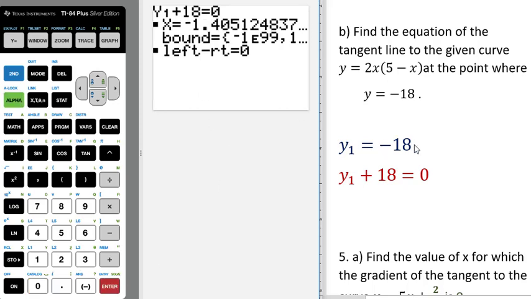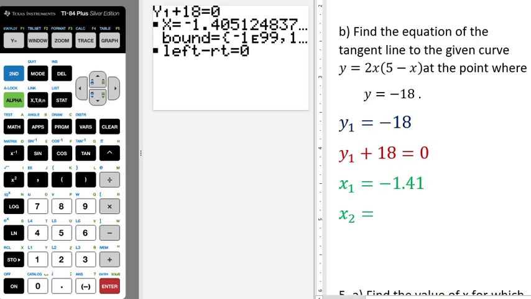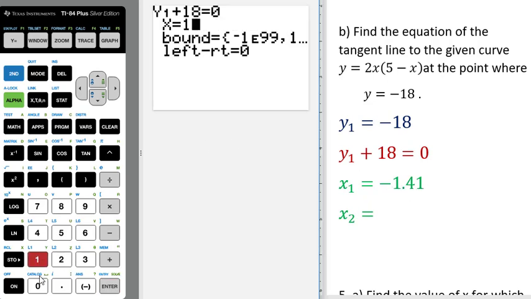You will get negative 1.41. Remember, we need 3 significant digits. After I record this x1 equals negative 1.41, I will put the 10. That's the estimated value.